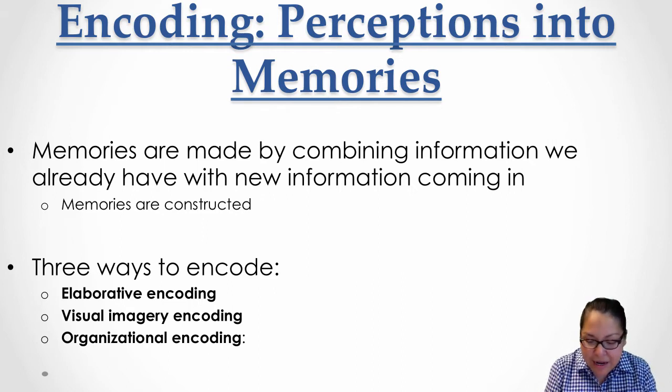Next, while you're encoding, you may be using visual imagery encoding. This is a process of storing new information by converting it into mental pictures. So why does visual imagery even work? Why is that a useful type of encoding?